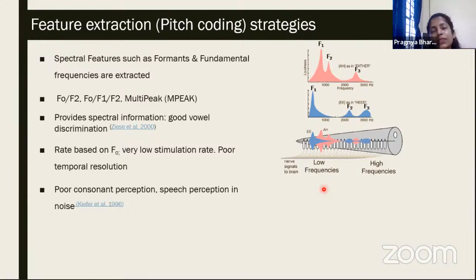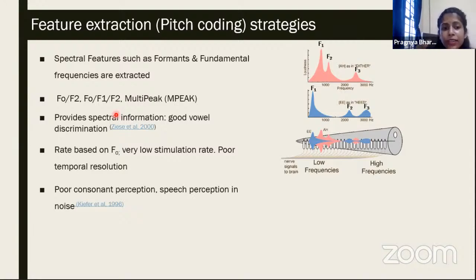Basically, these strategies believed in picking up the most important frequency information from the incoming signal.